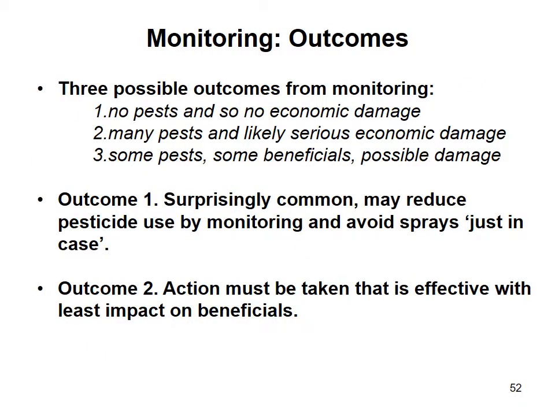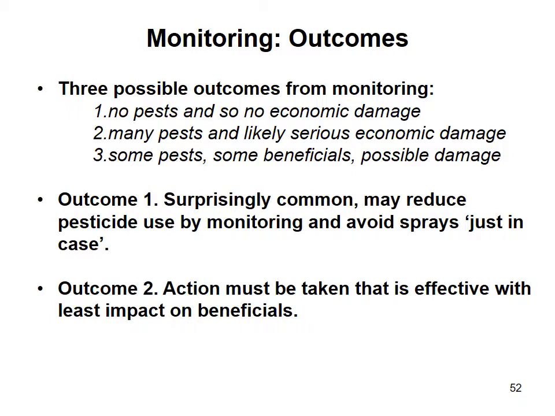What are the outcomes from monitoring? There are three possible outcomes. 1, there are no pests and so no economic damage. 2, there are many pests and likely serious economic damage. 3, there are some pests, some beneficials, damage is possible. It's easy to deal with outcome 1 and 2, and an appropriate action is easy to decide on.